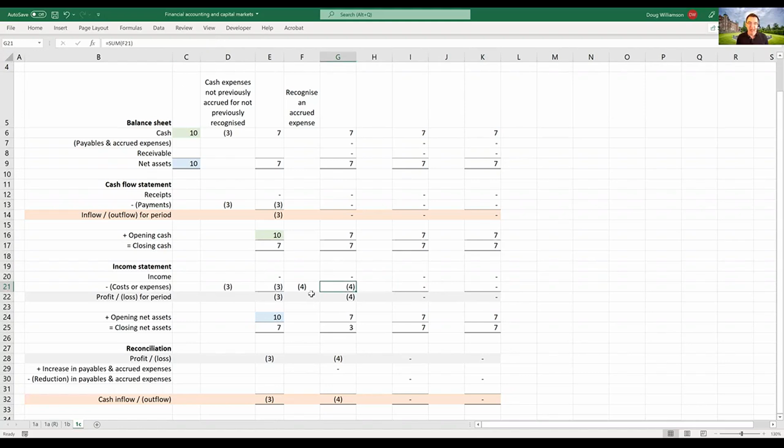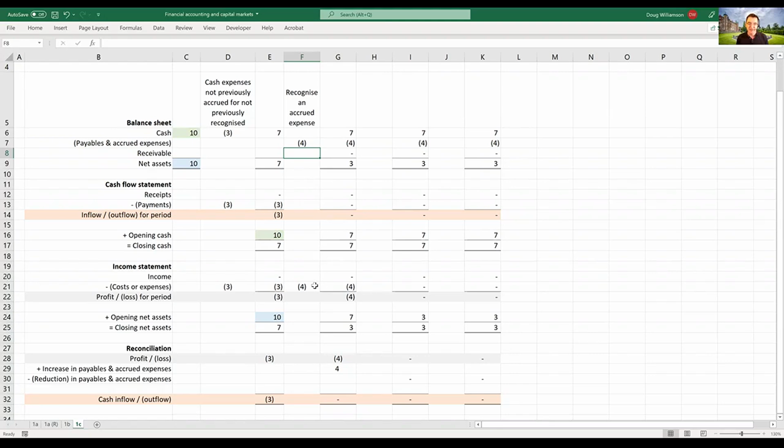So our cost is 4. We expect our net assets to have gone down. They will go down when we've accounted for them correctly. So we're recognizing a liability, and the liability is an accrued expense of 4. So we've got a new liability of 4.